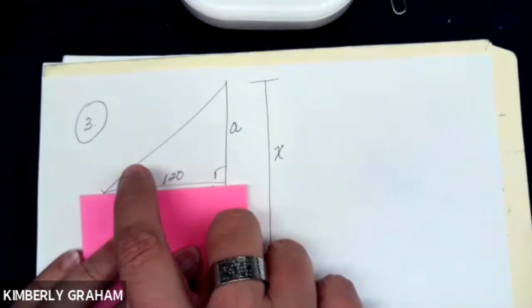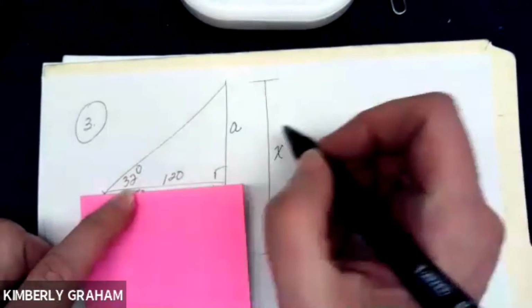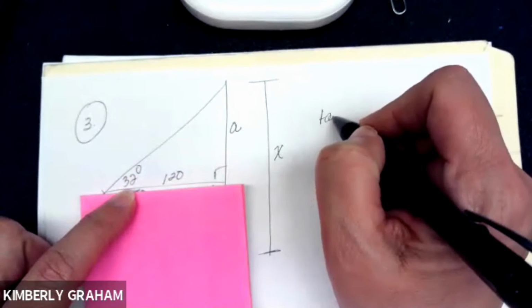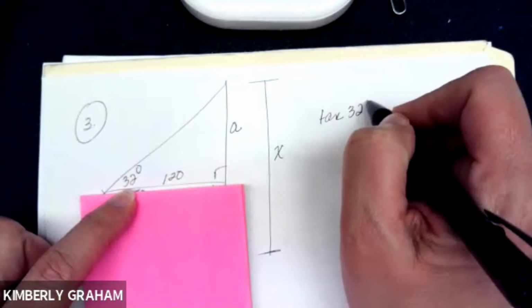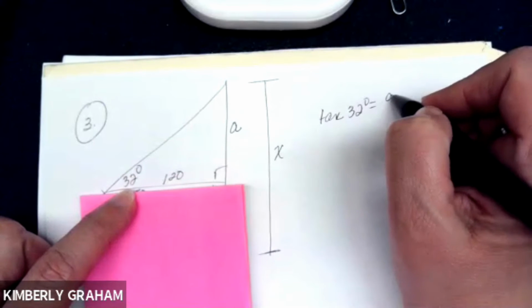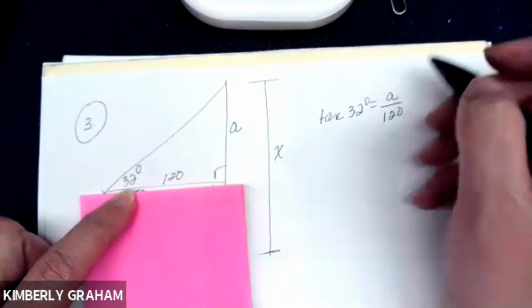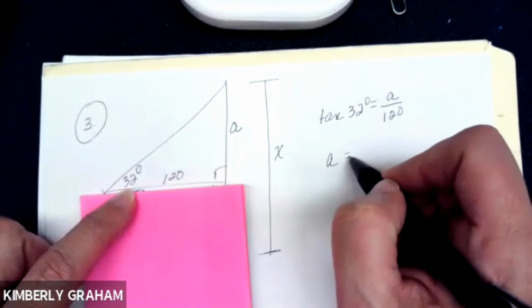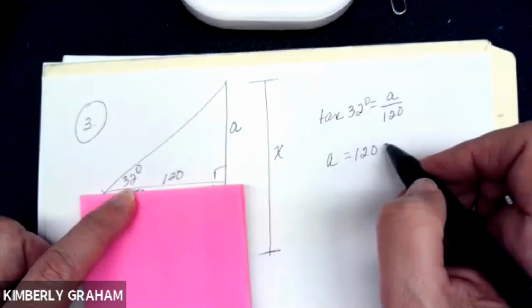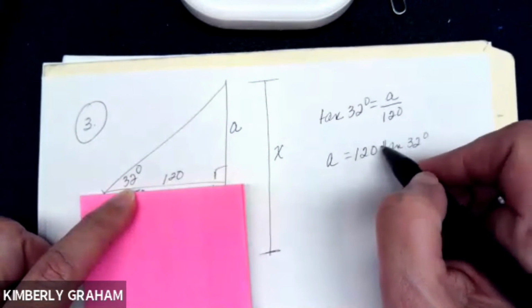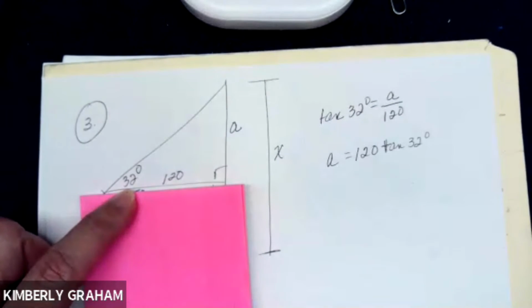So for side length A, I am using the relationship of tan 32 degrees equals opposite over adjacent. So A is going to be 120 times the tangent of 32 degrees. And I'm not going to stick that in my calculator right yet.